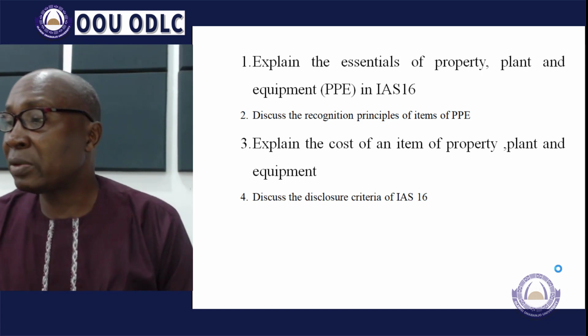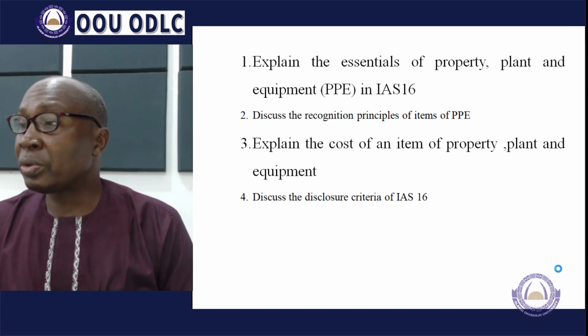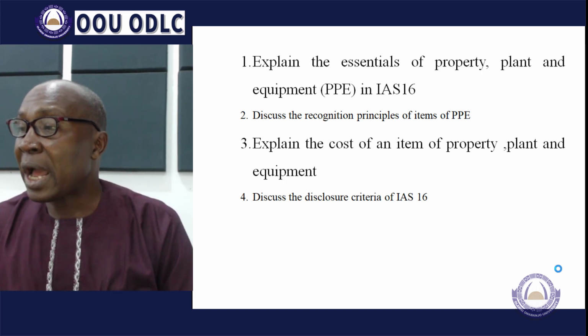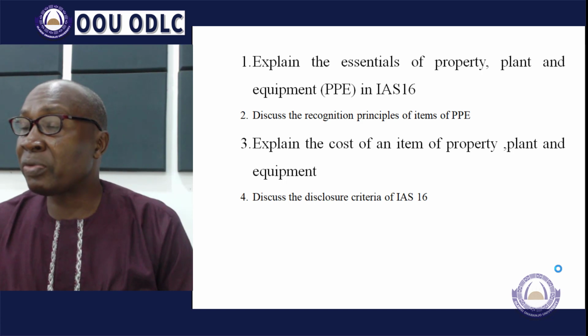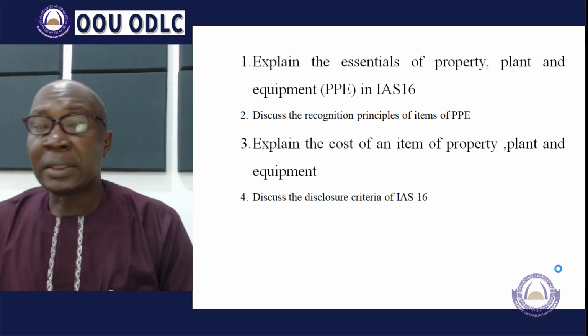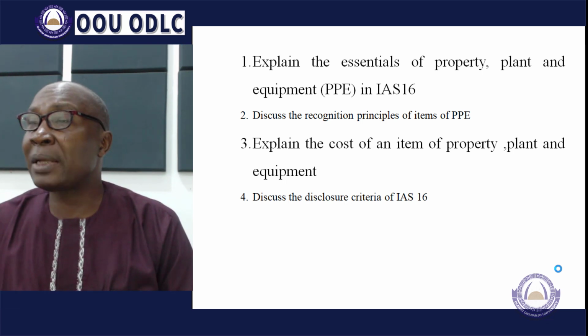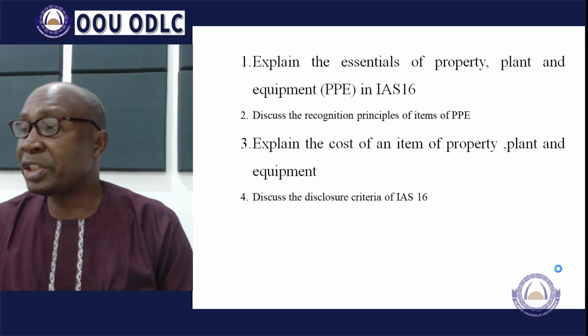Property, plant and equipment. The accounting procedure for property, plant and equipment has its own model of classification. And in their classification, it is essential for us to discuss the fact that property, plant and equipment take a significant part of the balance sheet.